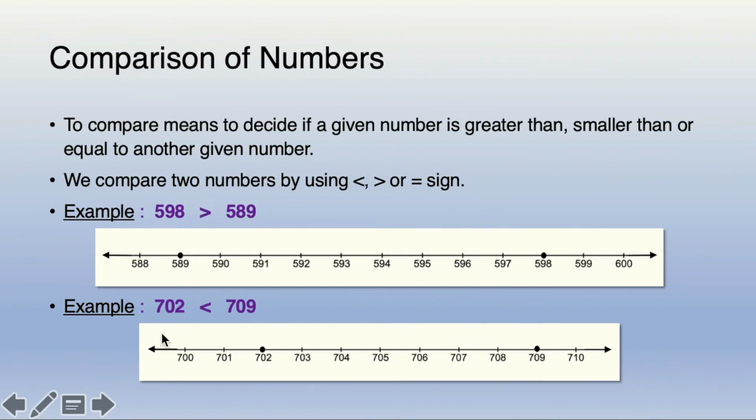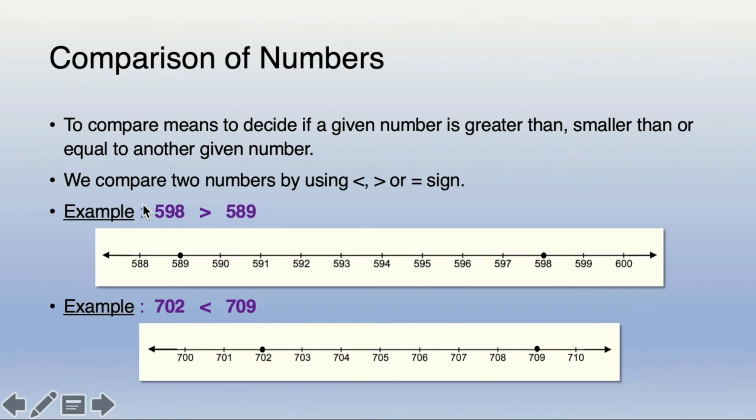Now, over here we have the numbers 702 and 709. So, along the number line, the number 709 comes after the number 702. So, the number 702 is less than the number 709.